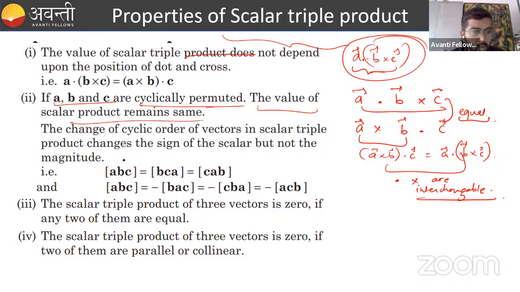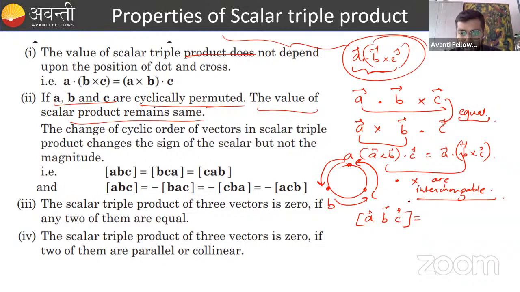What does this mean? If you write this in a box, this is A bar, B bar, C bar. Now if you move this in a cyclic order, this was A, this was B, and this was C, and if you move it cyclically like this and do it again, then the values won't change.